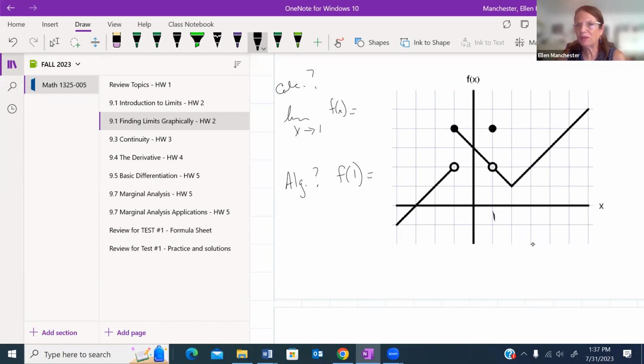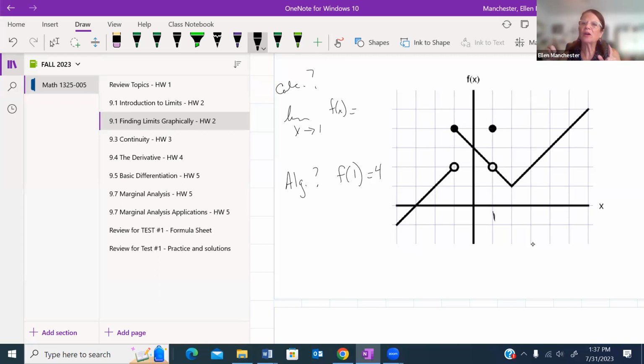If you ever see a question in functional notation, f of 1, f of 2, f of 3, that is algebra. What does it equal, right? One answer. There's no guesswork. You just look for the solid line or the solid dot. So at x is 1, it actually equals 1, 2, 3, 4. It equals 4.